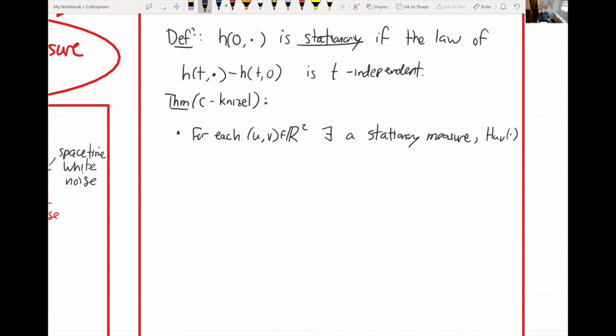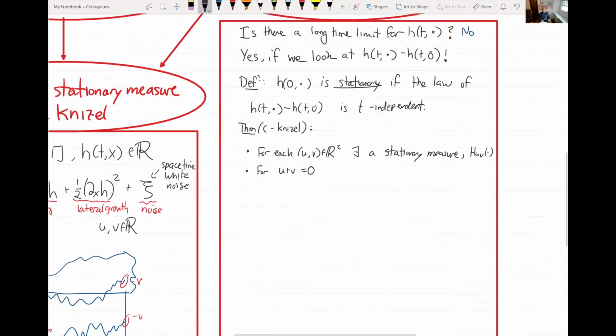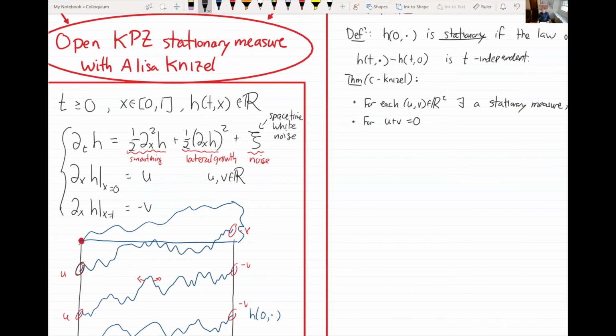This is a measure on spatial functions, which will be statistically invariant, at least its increments will be, under the evolution of the KPZ equation with the corresponding boundary conditions U and V. Now, just to give you a flavor of what these look like, for U plus V equals 0, that really means that the slope on the left and the slope on the right are the same, because the slope on the right is minus V. So really U is equal to minus V.